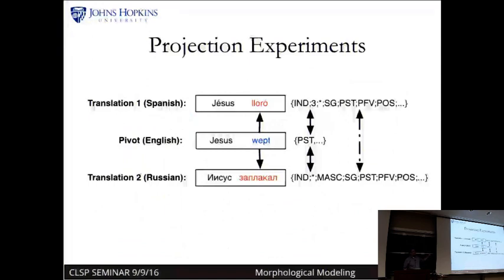What we actually did was remove anything that had multiple analyses in Wiktionary. So we only kept alignments that included stuff that only had one analysis. So we sort of completely punted on ambiguity resolution here.